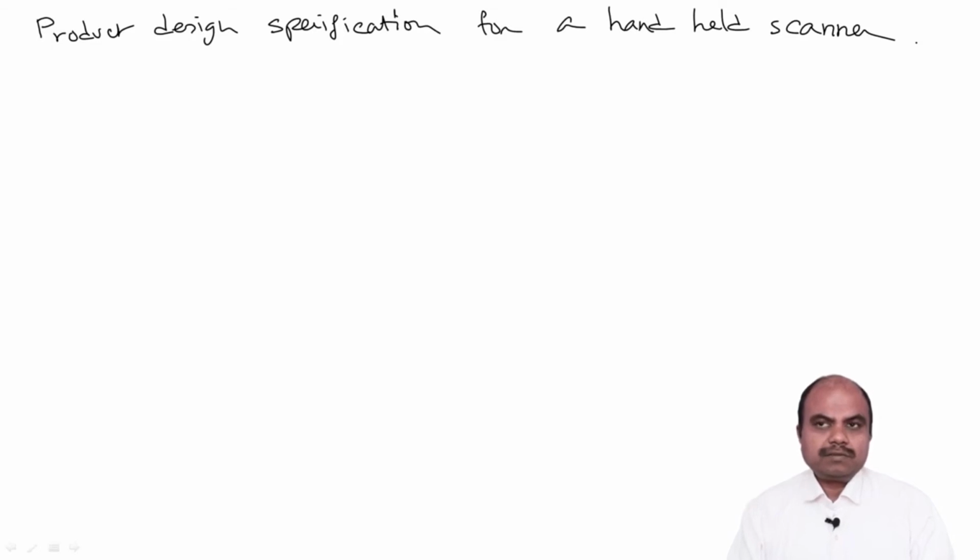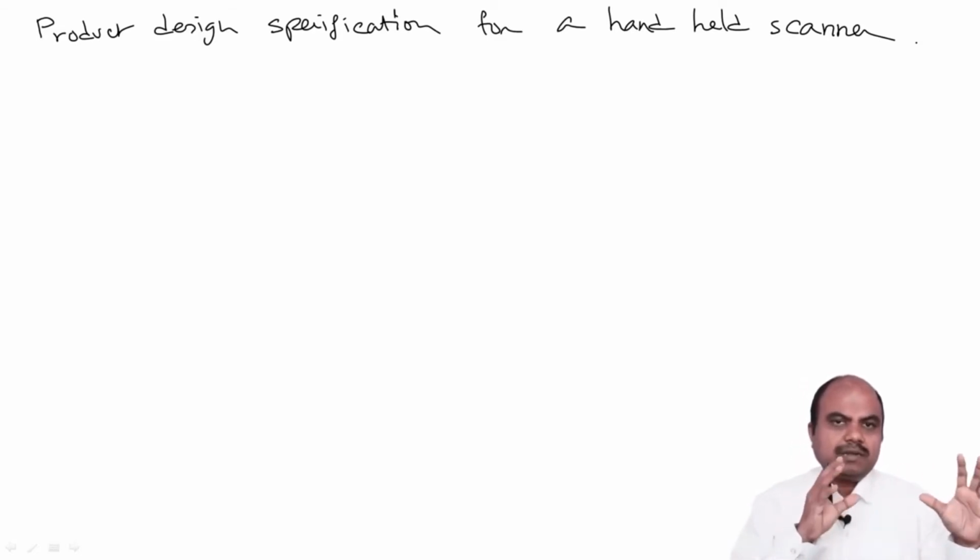A handheld scanner is also used to find out the dimensions sometimes. It could also be used to find out some error in machining, and then several other applications. It could also be used to scan it and put it in the computer as a product. There are various applications.